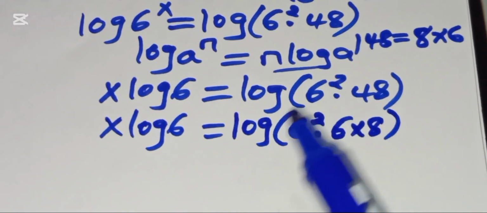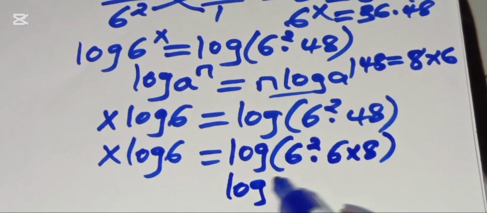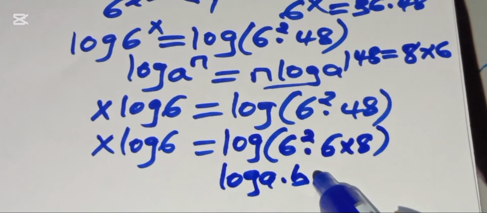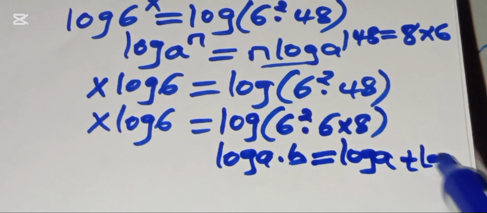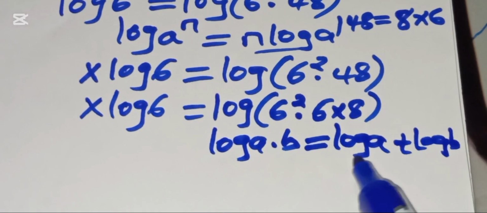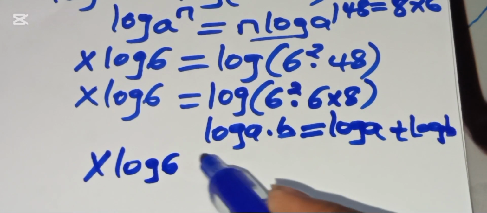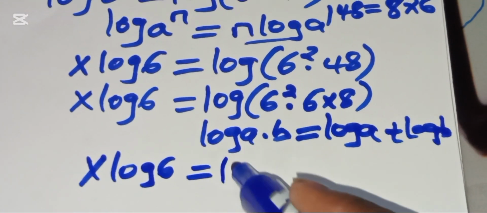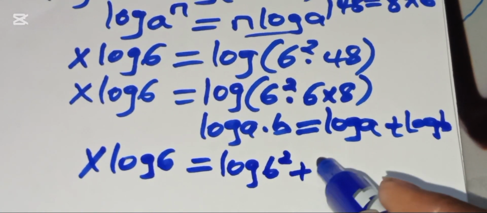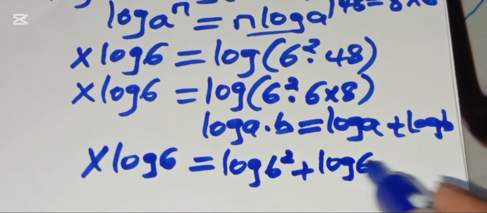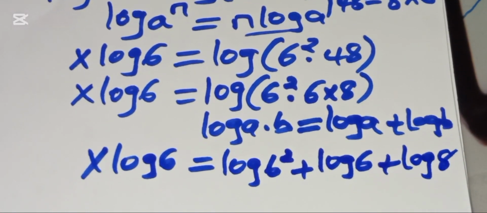Now log of 6 squared times 6 times 8 is in the form of log a times b, which we can express as log a plus log b. So let's apply this property so that we're going to have x log 6 is equal to log 6 squared plus log 6 plus log 8.